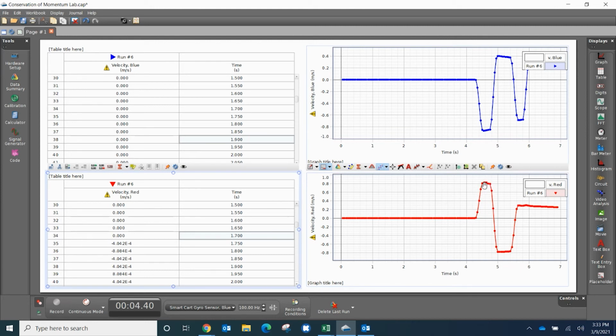I have a positive direction for the red and a negative direction for the blue. And that's fine because in the explosion, the carts actually go in opposite directions, in which case you would want to take that into consideration because, in fact, both went in the opposite direction from each other to cancel out their momentum. So we're looking for conservation of momentum.